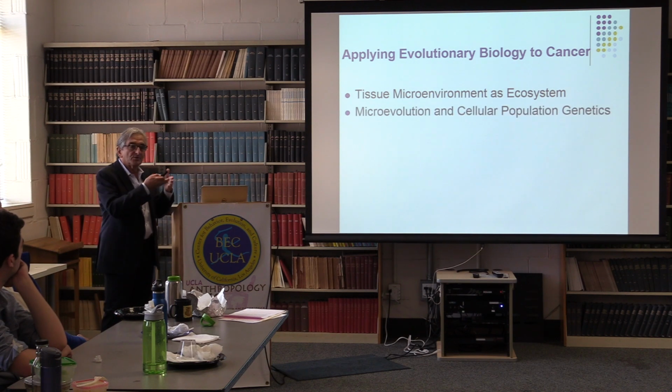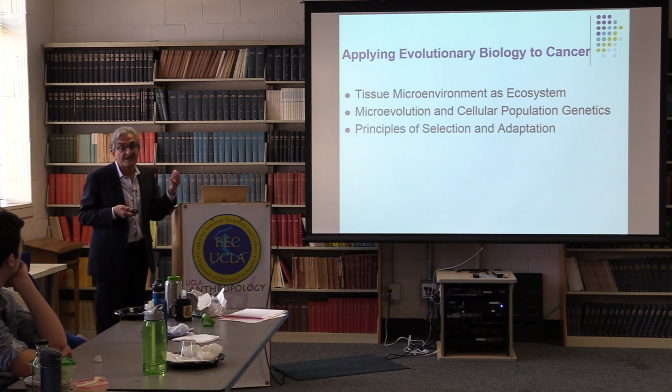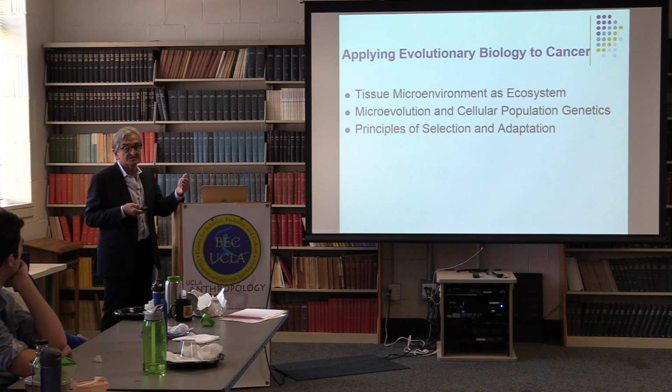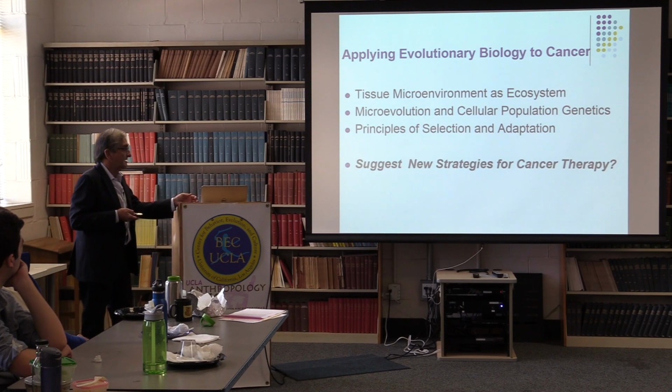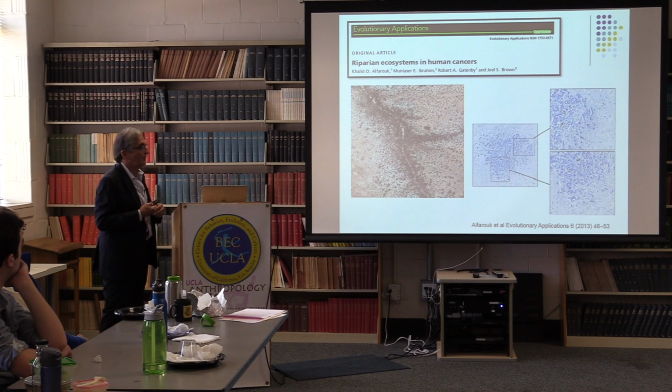We need to follow the microevolution of that population over time. And we need to apply what we know about selection and adaptation to try to drive this species to extinction. If cure is our goal, there are people who are advocating a different approach to cancer. Either way, it's going to suggest new strategies for therapy.